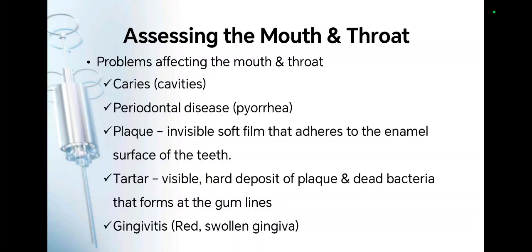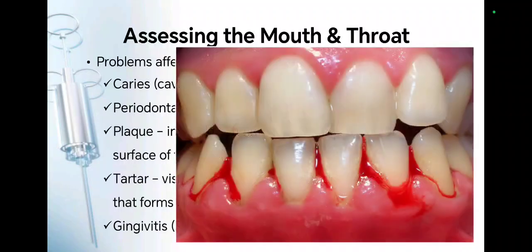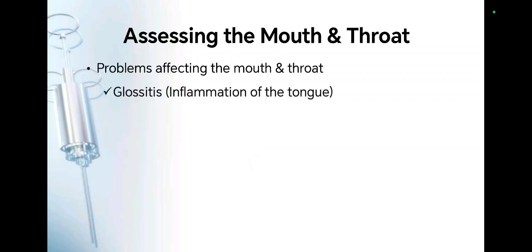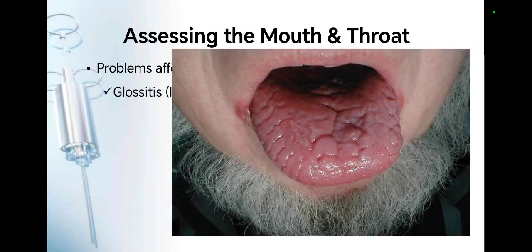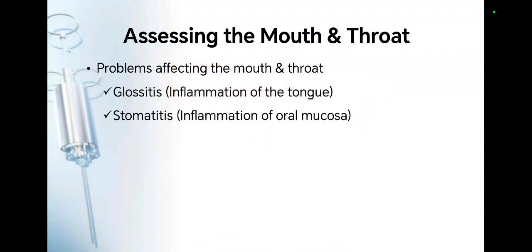Now, we have gingivitis, a red swollen gingiva, or redness of your gums, which may bleed. And then we have glossitis, or inflammation of the tongue, and stomatitis, or inflammation of the oral mucosa.